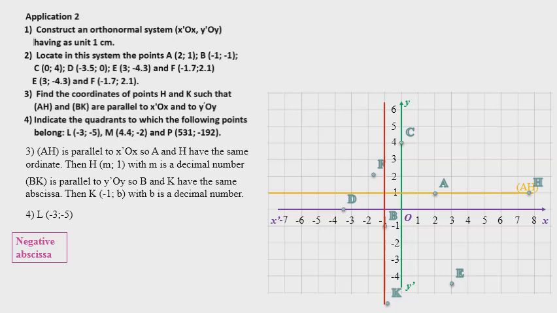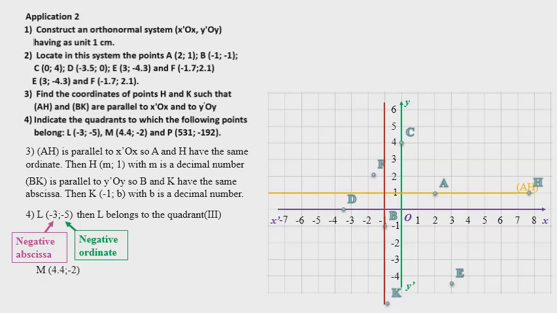We have L (-3, -5). It has negative abscissa and negative ordinate. Which quadrant has negative abscissa and negative ordinate? It's quadrant number 3. So we can say immediately, without locating the point in the orthogonal system, that L belongs to quadrant 3.